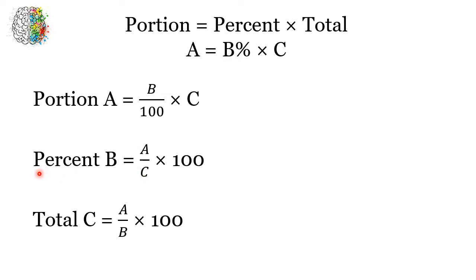If you are solving for percent B, you are going to take the portion amount that they give you, divide it by the total amount, and multiply that by 100. If you're going to solve for a total amount, you're going to take the portion amount they give you, divide that by the percent amount they give you, and multiply that by 100.